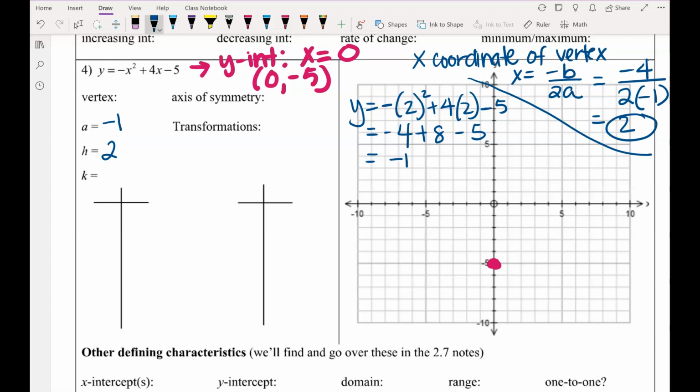Negative 1? And what is that? H, K or A? K. So do we know the vertex? What is it? 2, negative 1. We plot it. 2 is on the right, negative 1's right here.